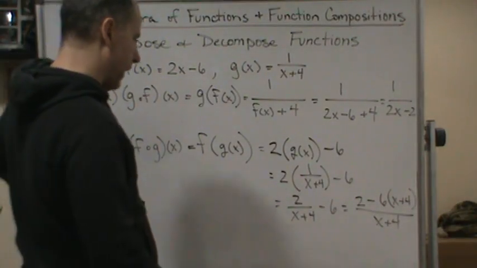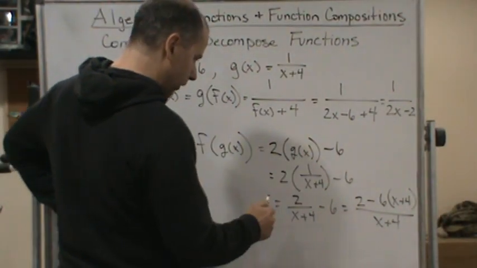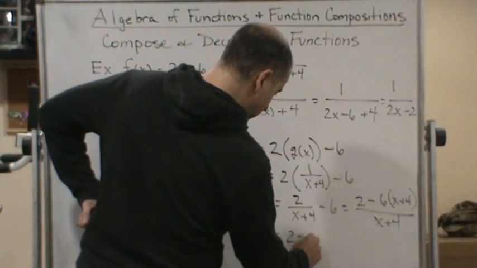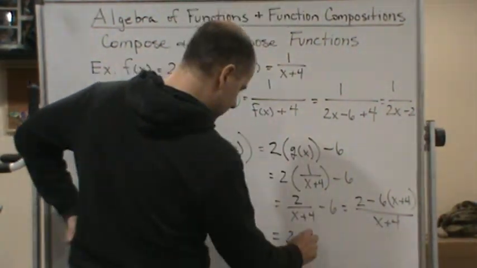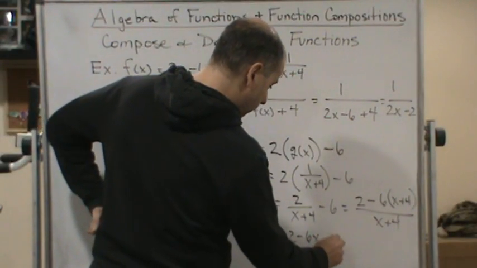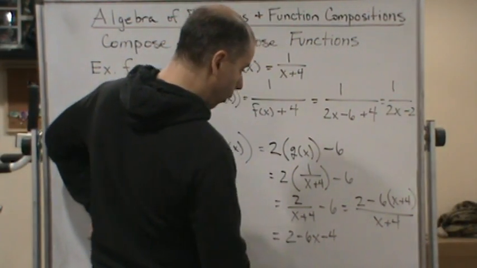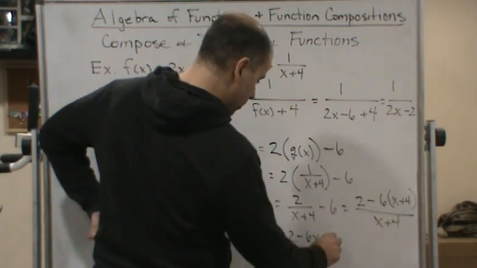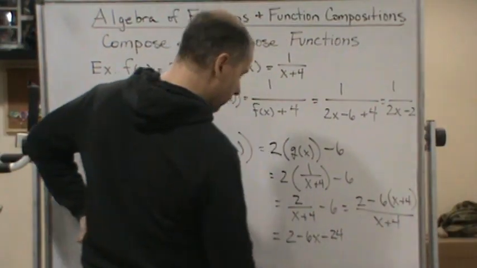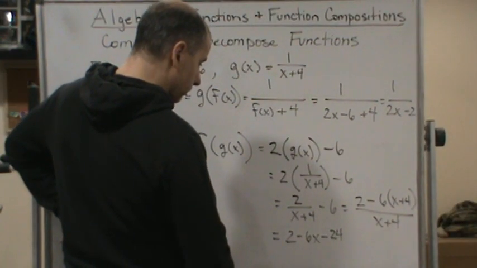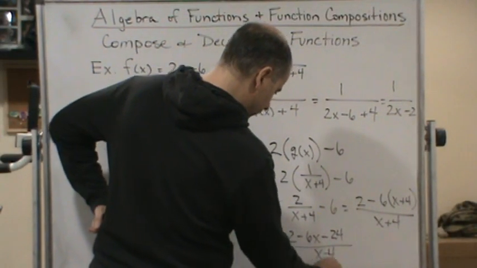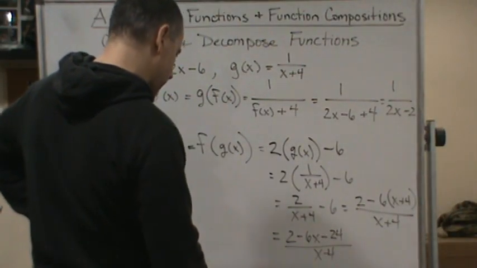Now I'm going to simplify the numerator. And so that's going to give me what? This is going to give me 2 minus 6x minus 4. Oh, no, I'm sorry. 6x minus 24. Over x plus 4.